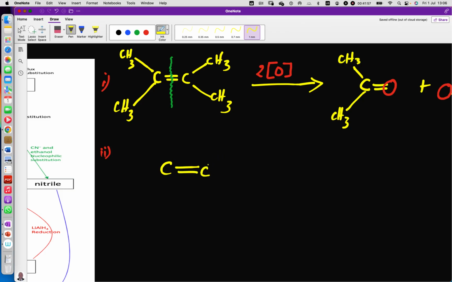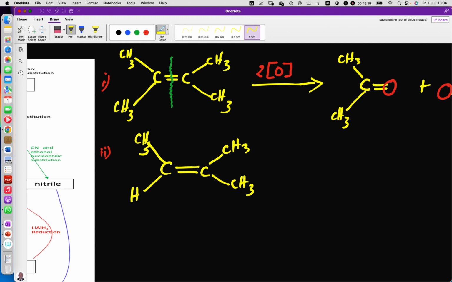We have a methyl group here, another methyl group, and this is a methyl group here. And this is a hydrogen. And we are using this very condition: hot concentrated acidified manganate 7 ion solution.